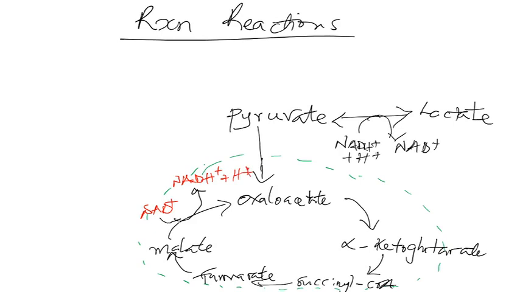Okay, and the enzyme that is involved in the conversion of malate into oxaloacetate is malate dehydrogenase. So I'll abbreviate it as MDH. So it's malate dehydrogenase.